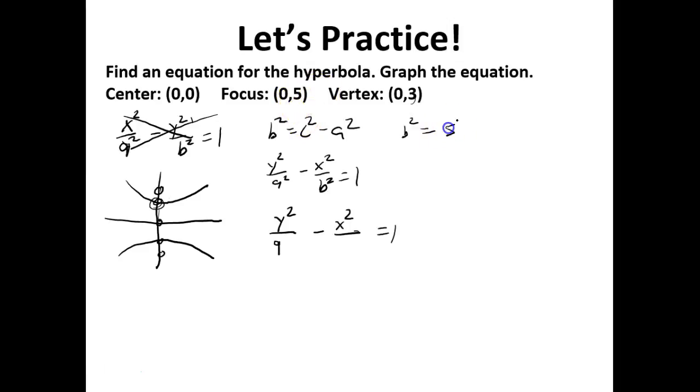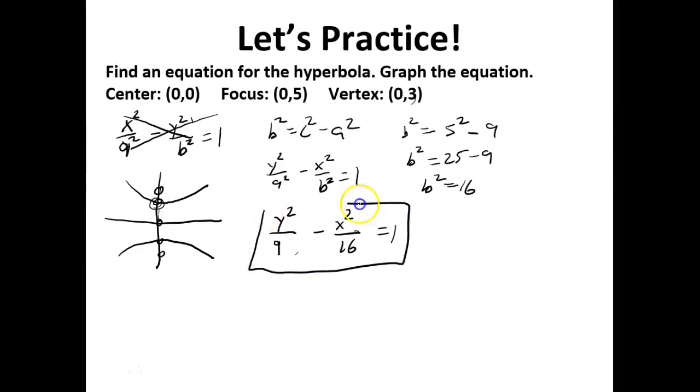So 5 squared minus the a squared, which is 9. So our b squared is going to equal 25 minus 9, or 16. And there we have our equation for the hyperbola.